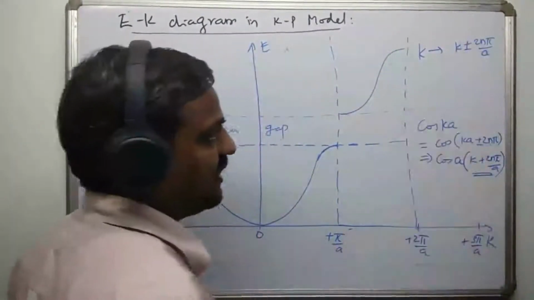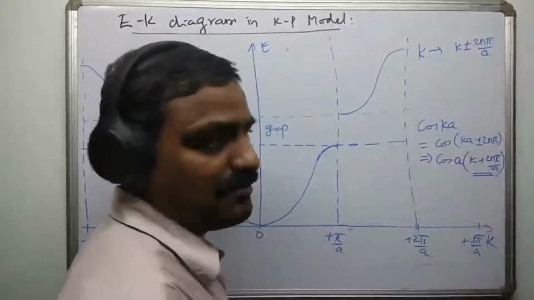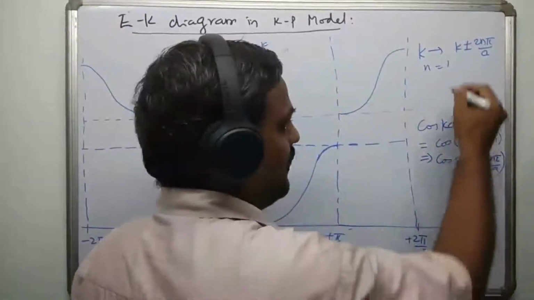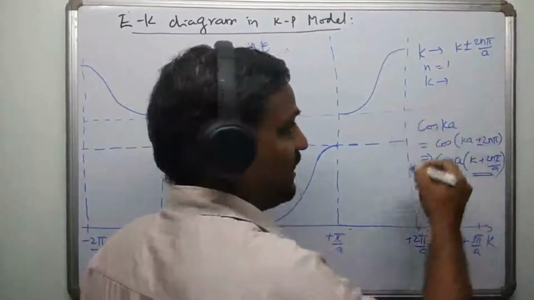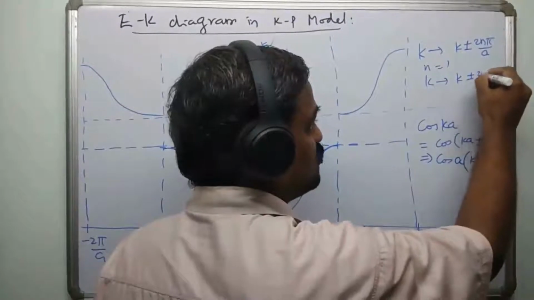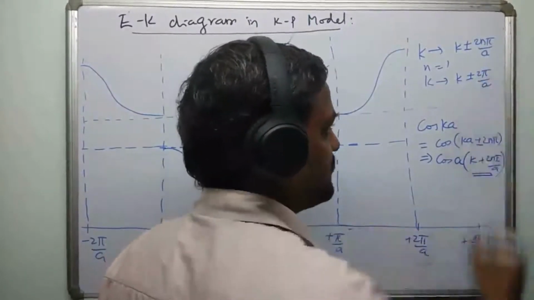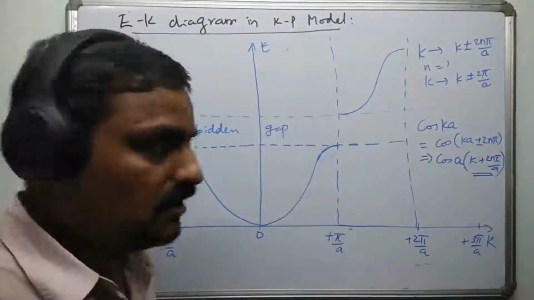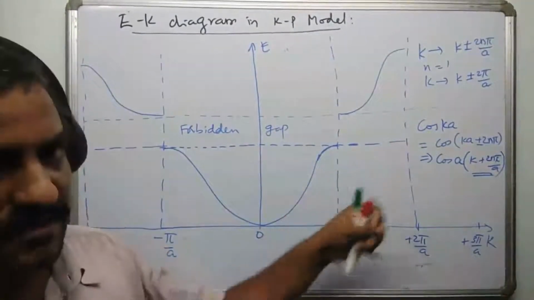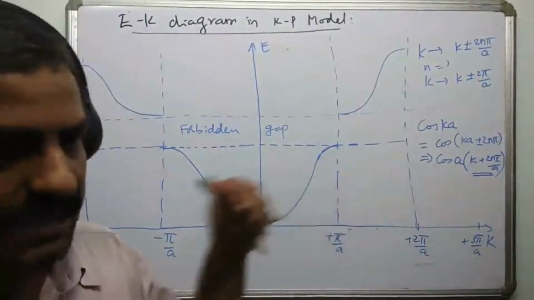So for the simplest case with n equal to 1, I can transform K as K plus or minus 2 pi by A. Please remember this. It means no matter whether you write K or K plus or minus 2 pi by A, they are going to be the same.